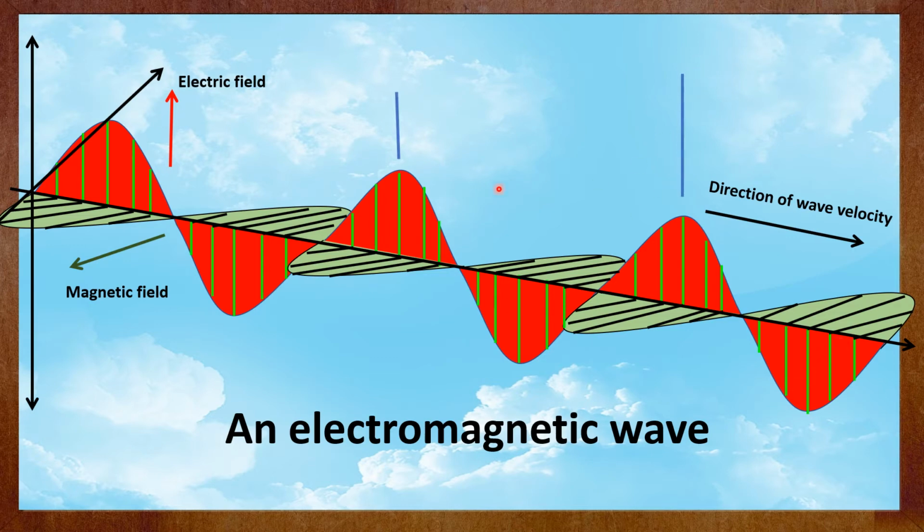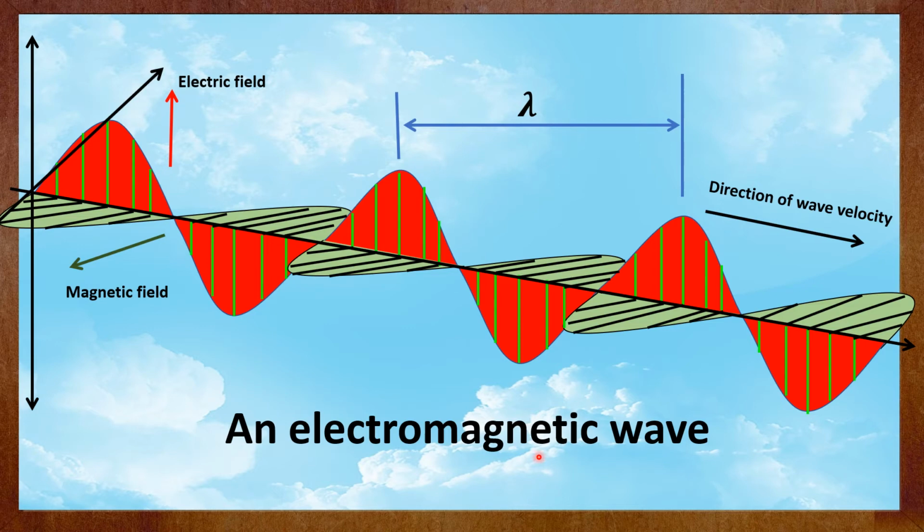And from here to here, the distance between the two consecutive peaks or crests is taken as wavelength. Wavelength is denoted by the letter lambda. So this is lambda. Anywhere you can take, from here to here or from here to here.